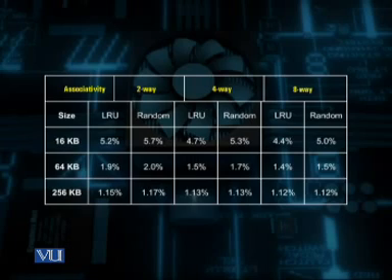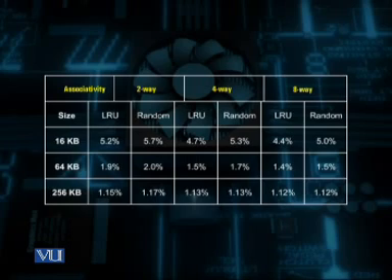And let us see what are the values which we can get for least recently used policy and the random replacement policy. Here, note that there is a little difference in the least recently used and random policy.